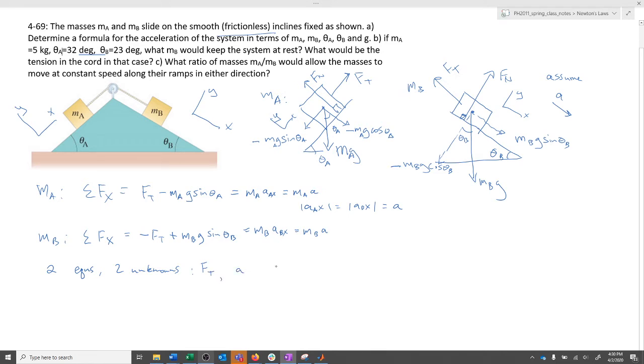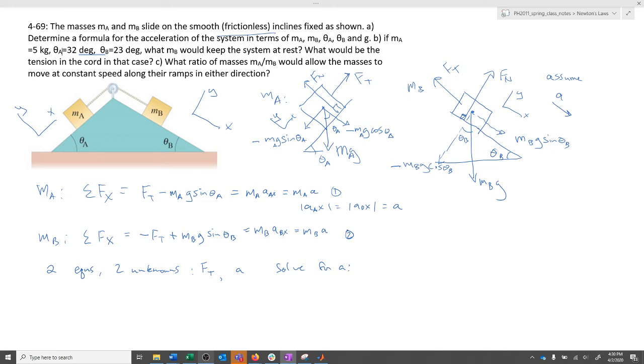So let's solve for a. How do we do that? Actually, let me label our expressions here. So we have these two equations. What we can do is substitute in and solve for it.